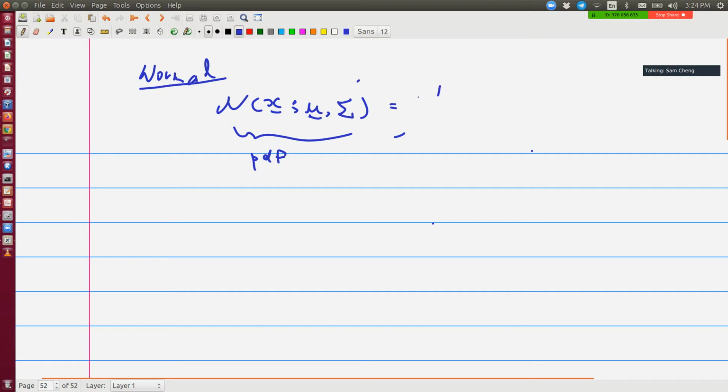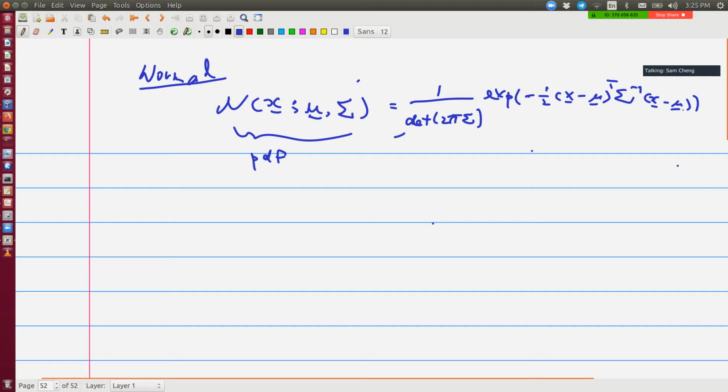Basically the PDF is the determinant of 2 pi times the covariance, to the power minus 1/2, times the exponential of minus 1/2 (x minus mu) transpose, sigma inverse, (x minus mu). By the way, here I'm assuming everything is real. There's also the complex normal distribution, but I'm not going to talk about that one.